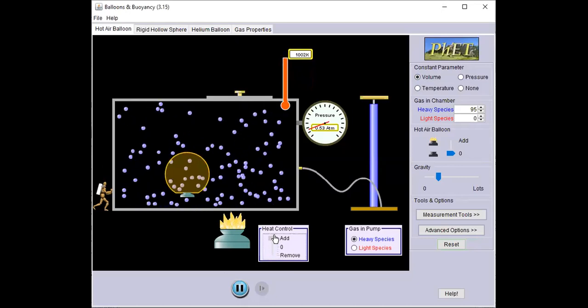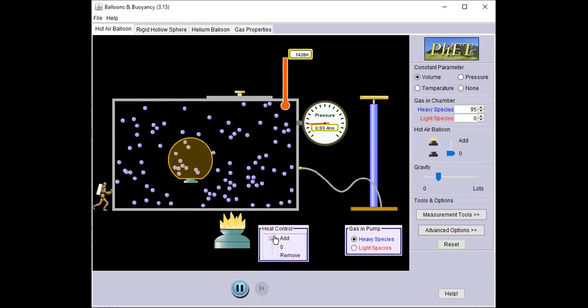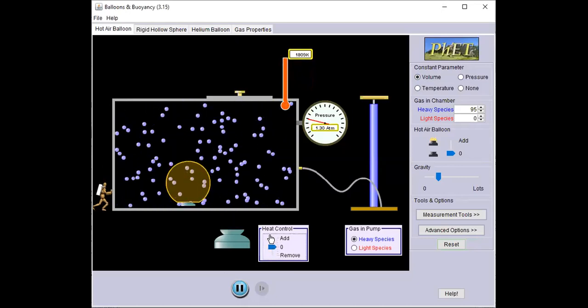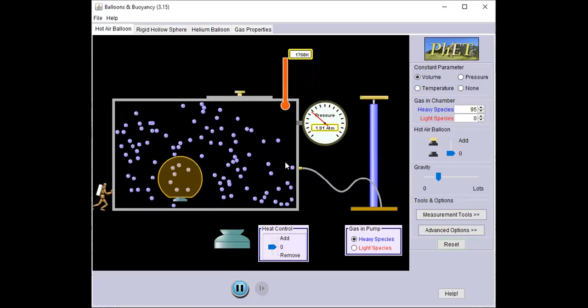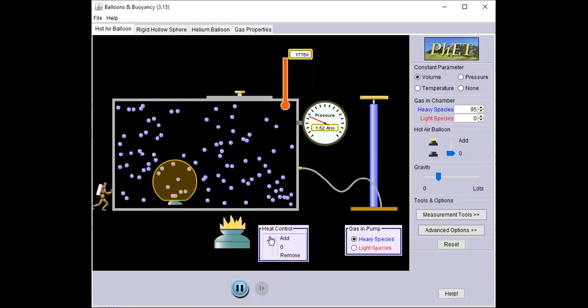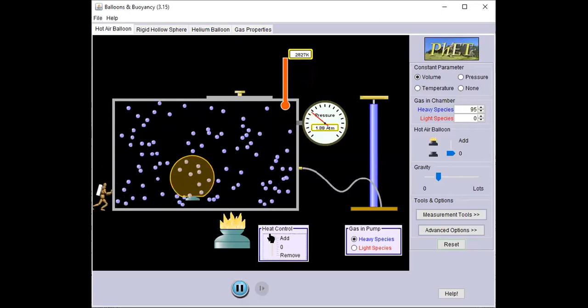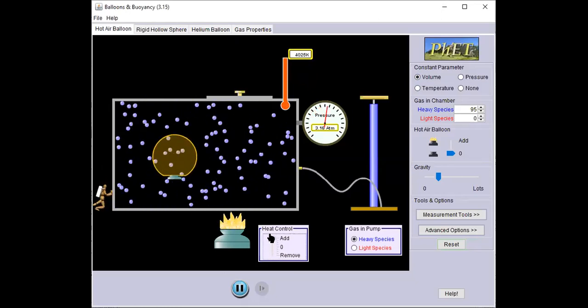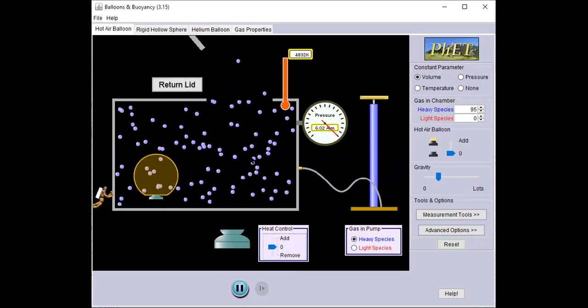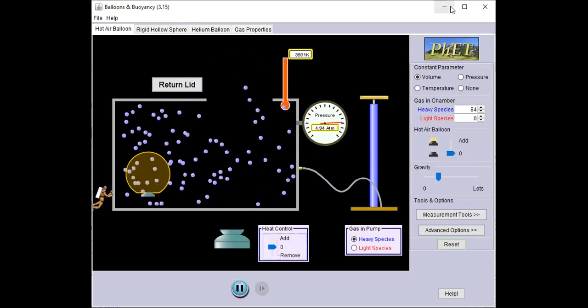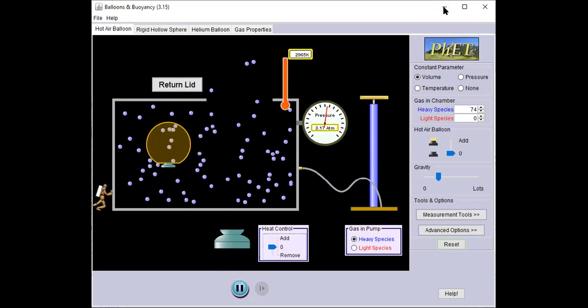That means the molecules are going to hit the container more frequently, so the rate of collision increases. Because of that, the force exerted on the wall increases, causing the pressure to increase too, because the volume is kept constant.